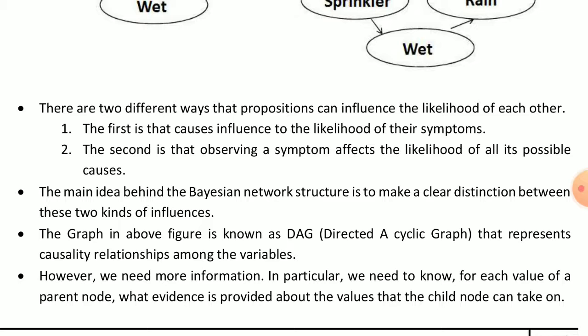Now we need more information. In particular, we need to know for each value of a parent node, the evidence is provided about the values that the child node can take on. Now we can get the more information, and for that information we can take some knowledge, and we can take the parent node, and from the parent node it is connected with the child node.